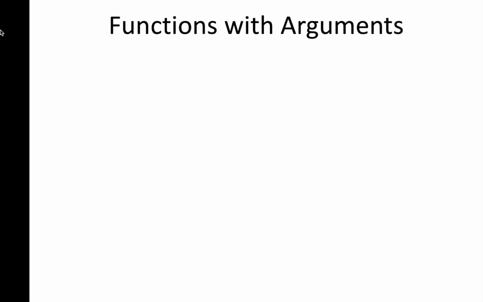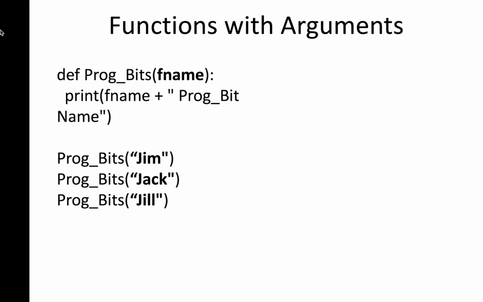Function with arguments. The arguments are the inputs you pass inside a function. In this program, we have a function called program bits. It has a parameter or argument called fname.